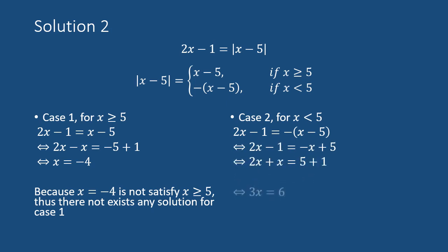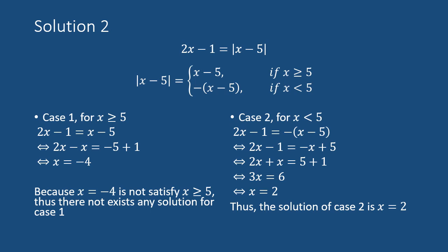So we can change the absolute value of x minus 5 into negative x minus 5. So the equation becomes 2x minus 1 equals negative x minus 5. And if we solve this equation, then we get x equals 2.